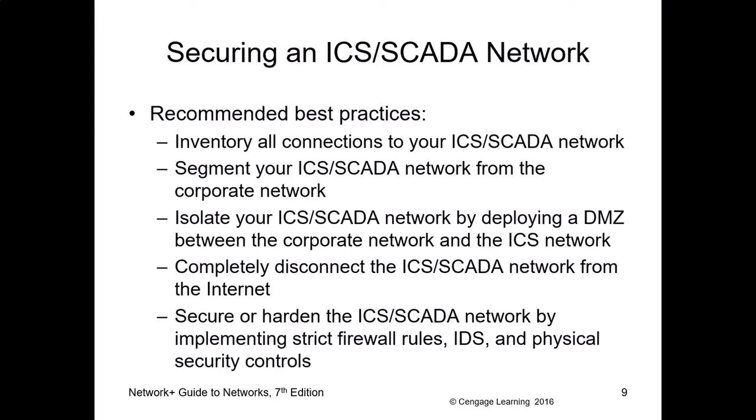So don't connect any of the SCADA ICS network to the internet. It's very important, especially if it's controlling big machineries. You can harm the machineries or do damage to your network and to your work. Viruses or anything can easily attack it.